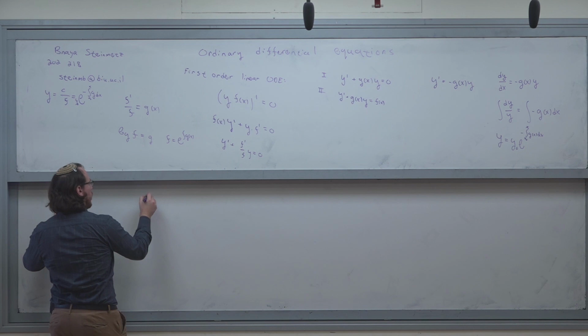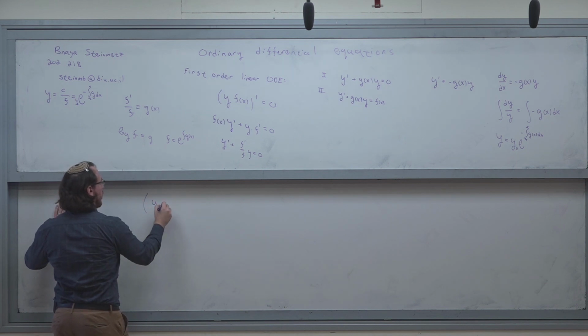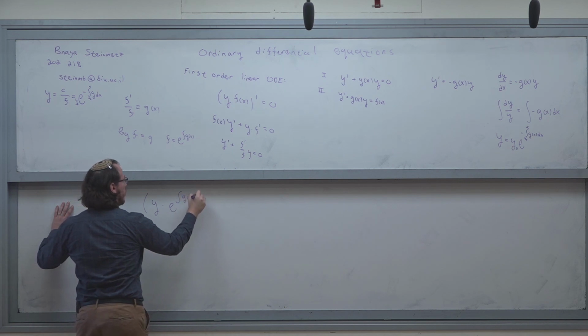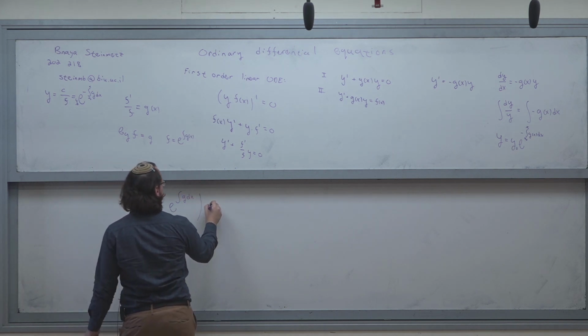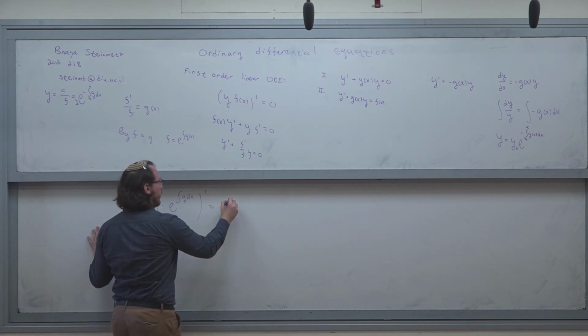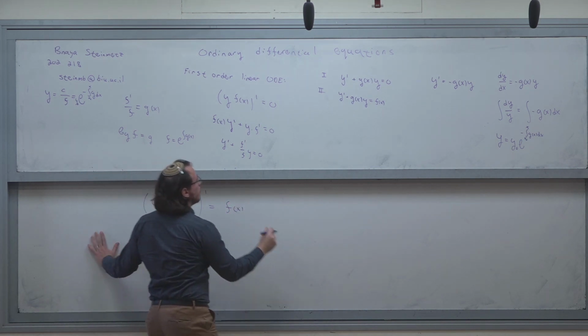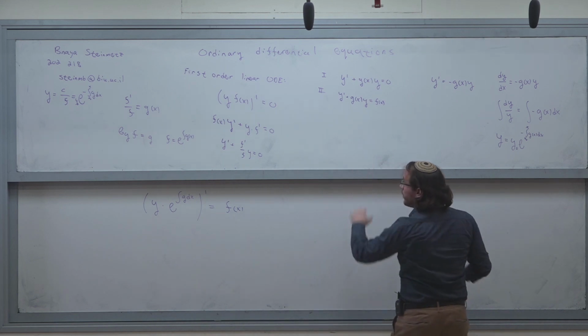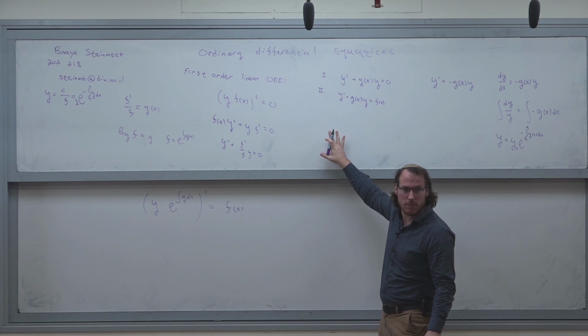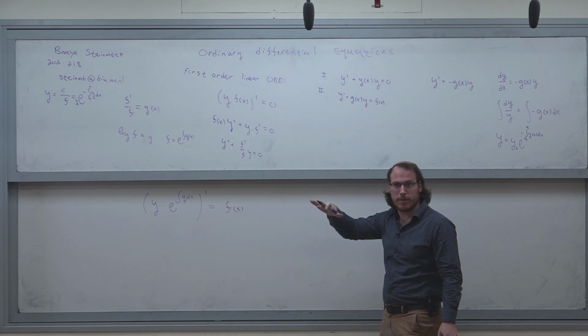We found that y times e to the g, its derivative, is equal to... Because the left-hand side is exactly the same. Agreed, right?